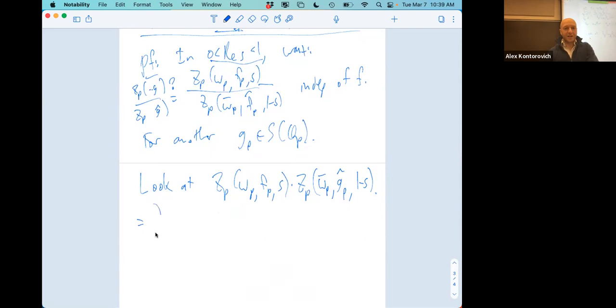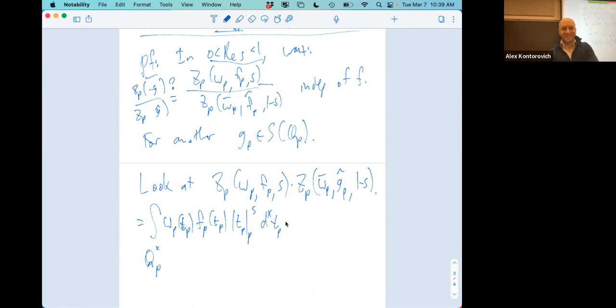Okay, so what's the definition again? We're integrating over Q_p cross, omega_p of t_p, f_p of t_p, d star t. You see how annoying it is to put the p's everywhere, but I don't have a better idea at the moment.